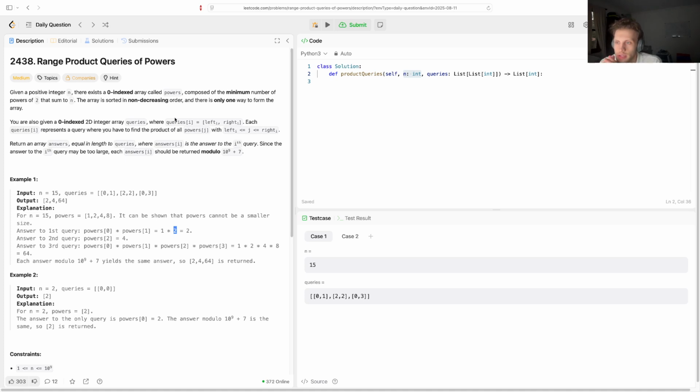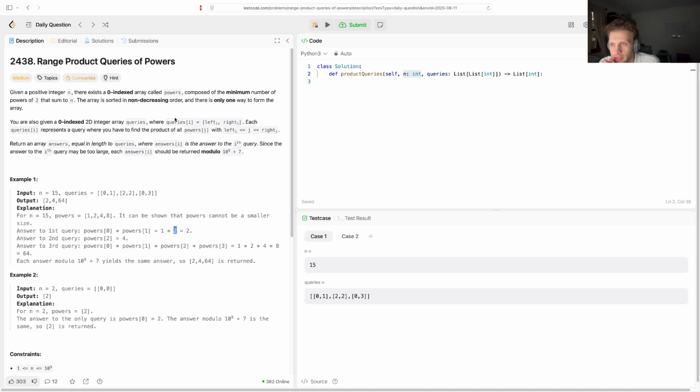Each query represents a query to find the product of all powers with left. Okay, what is n?